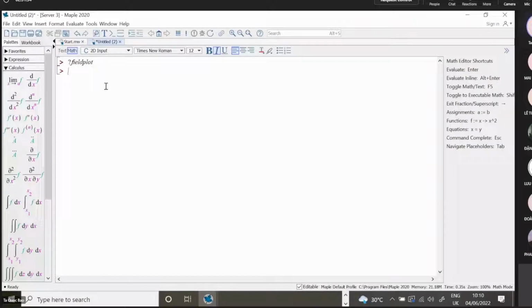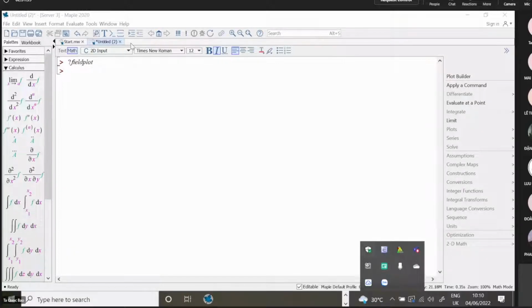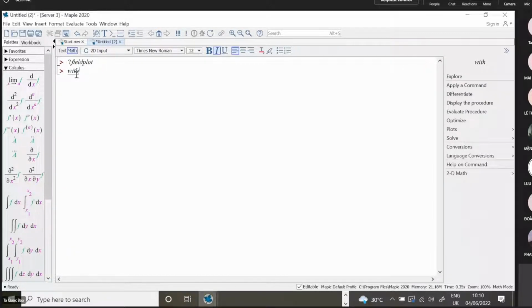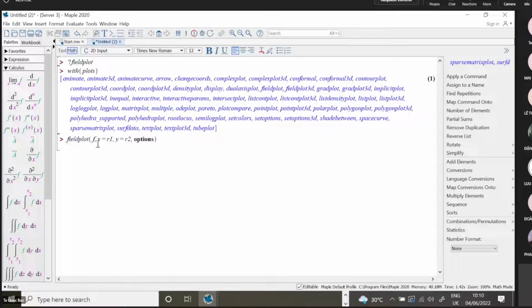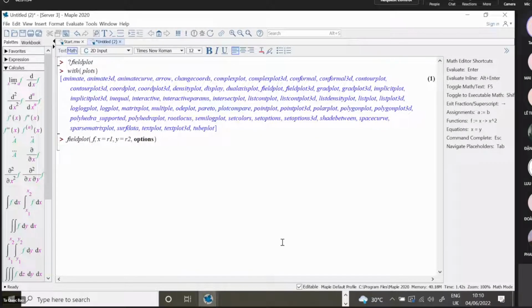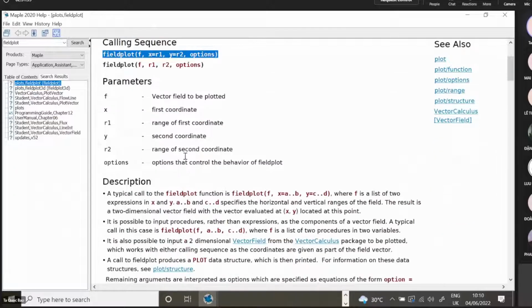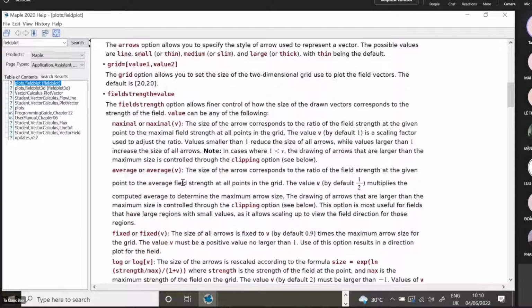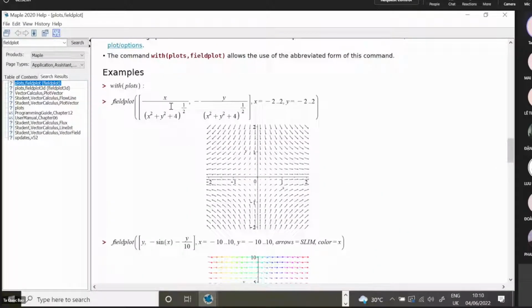Before that we download the package. Then now, what is f? If you don't know more exactly the syntax, then you can see the example.